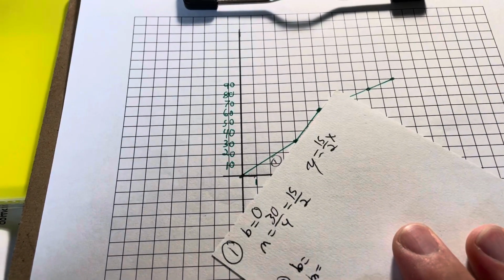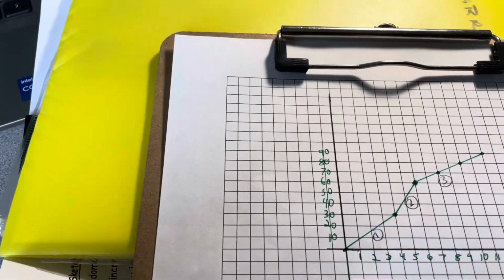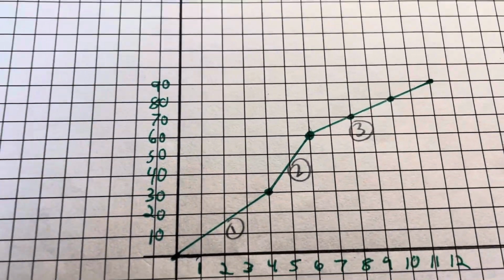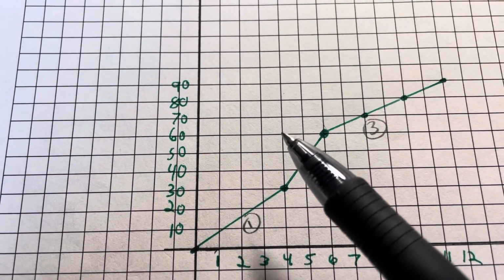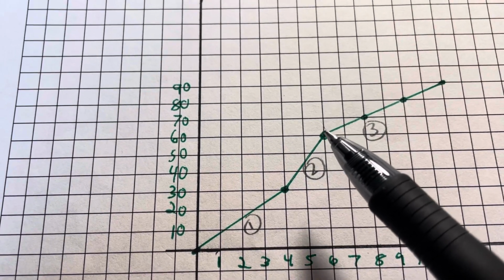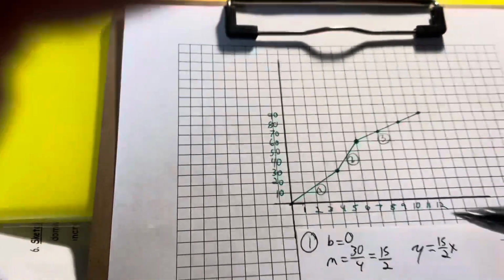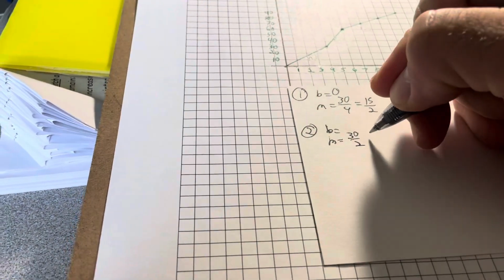But I want to make sure that I am exactly right. So we use our skills from the previous chapter. To find the slope, we can use our counting skills here because this one goes up 3 over 2 or up 30 over 2. That means my slope is 30 over 2 or 15.